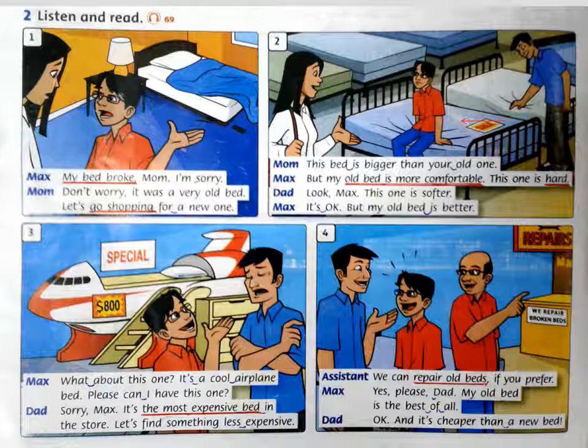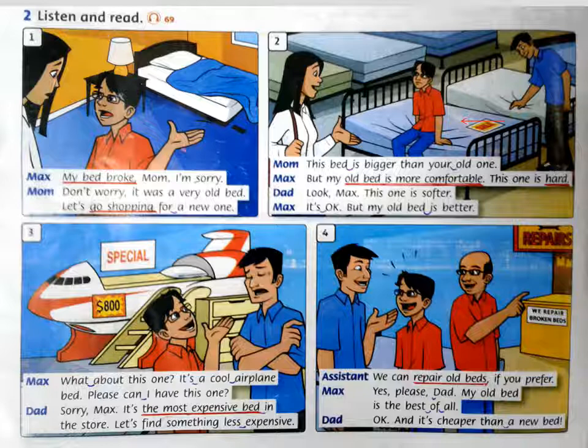What about this one? It's a cool airplane bed. Please, can I have this one? Sorry, Max. It's the most expensive bed in the store. Let's find something less expensive. We can repair old beds if you prefer. Yes, please, Dad. My old bed is the best of all. Okay, and it's cheaper than a new bed.